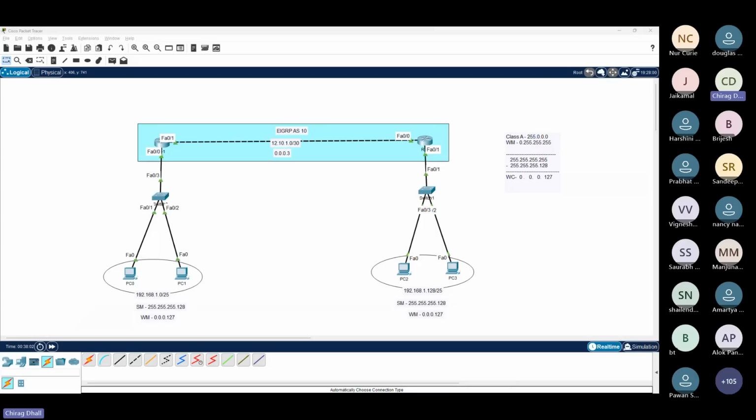At that time, EIGRP used to automatically summarize routes. What does it mean? If there are five small networks, it would combine them into one and advertise it as a summary route. We disable that feature by writing no auto-summary. But in newer IOS versions, this additional command is not required, because EIGRP will not automatically summarize any network.